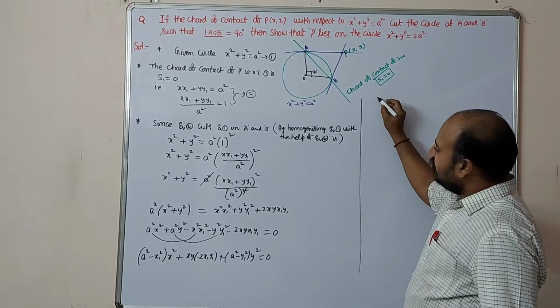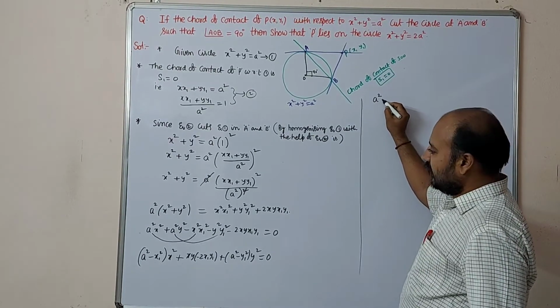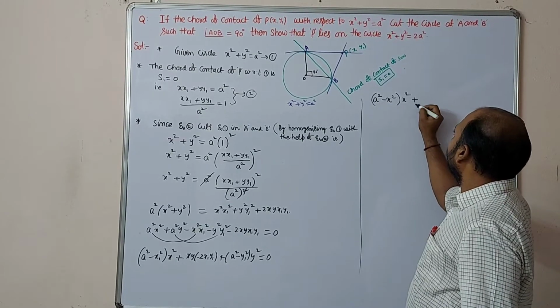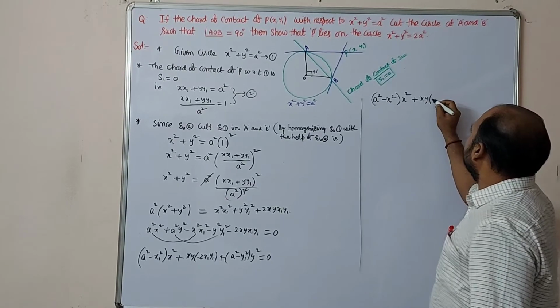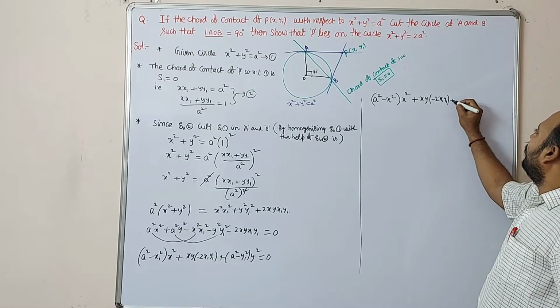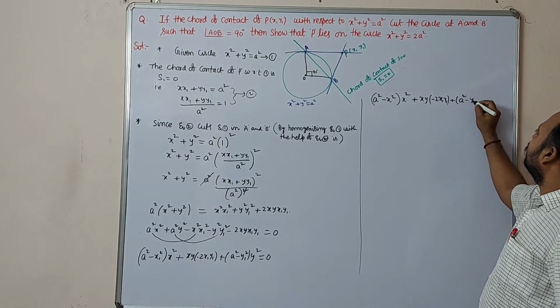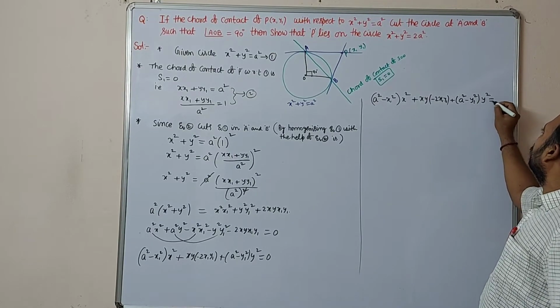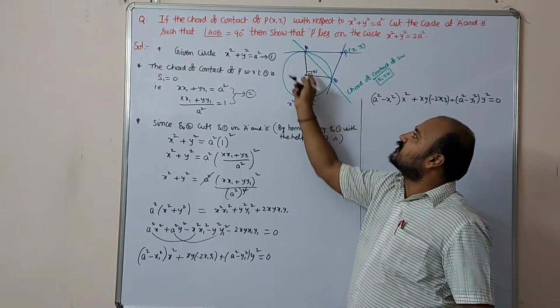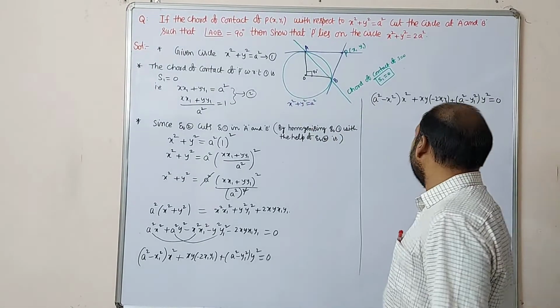Once again, I am writing: a square minus x1 square into x square plus xy into minus 2x1 y1 plus a square minus y1 square into y square equal to 0. This represents the combination of OA and OB lines.